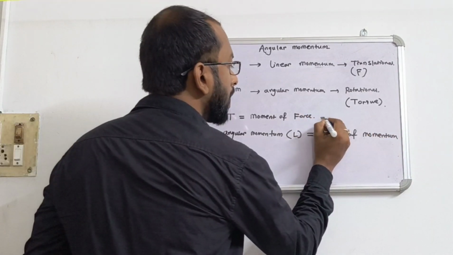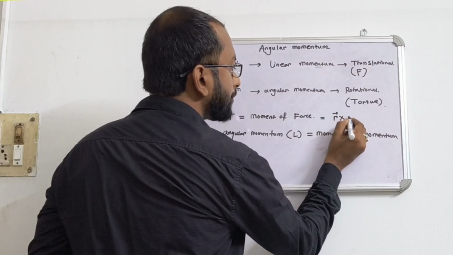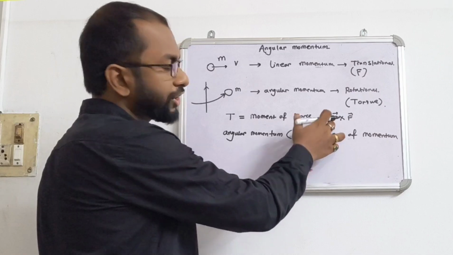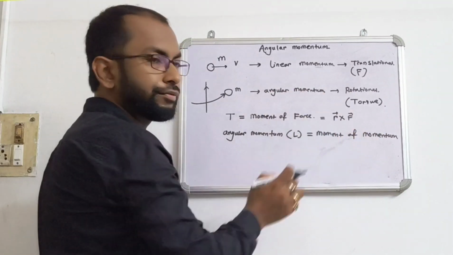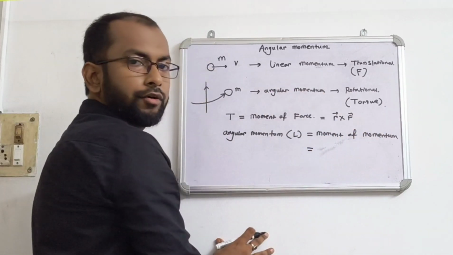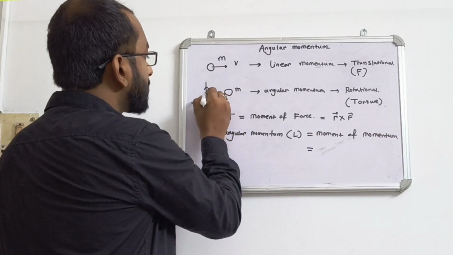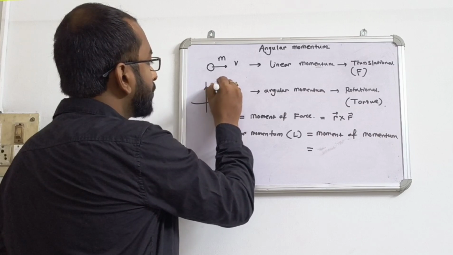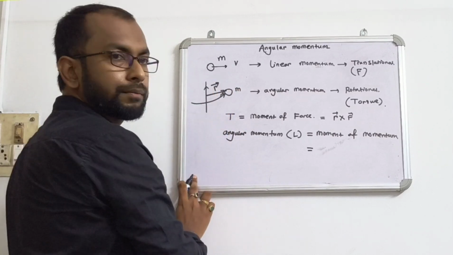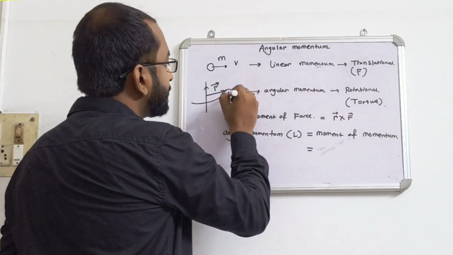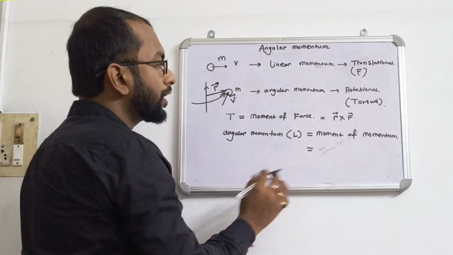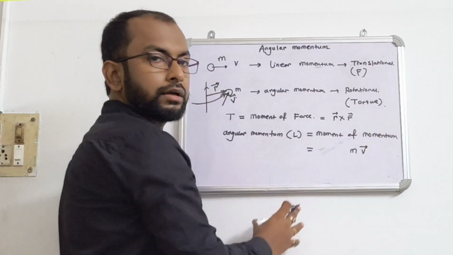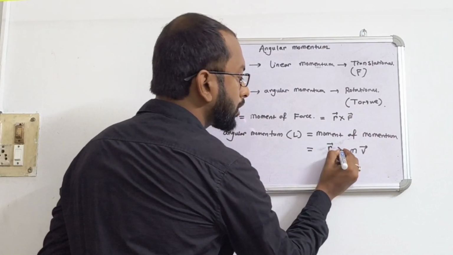So torque is r cross F, where r is the direction vector to the point of application of force. Similarly, for a particular body moving with respect to one particular axis, if the distance vector of that point mass is r, and it is moving with velocity v, the linear momentum is m v, which we write as m v vector. The moment of that is r cross m v.